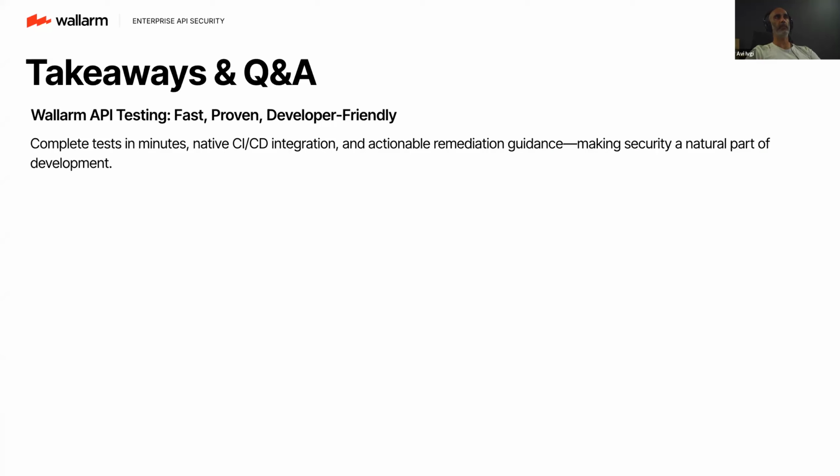I know it's outside of the scope for API testing, but we have Slack, emails, and we have an API. So basically, you can bring it in any form that you prefer. Sounds good. Any other questions?